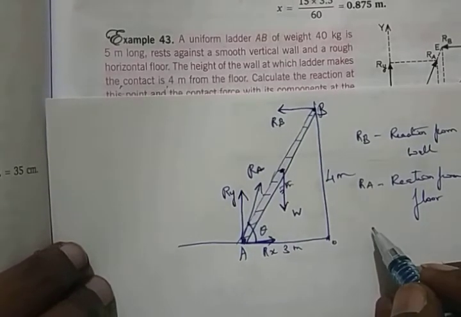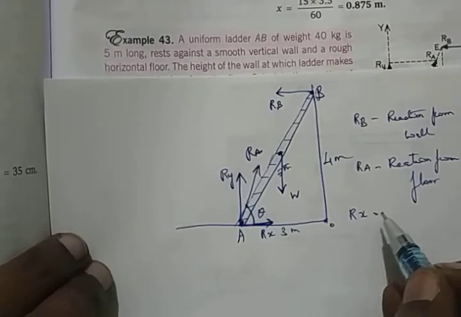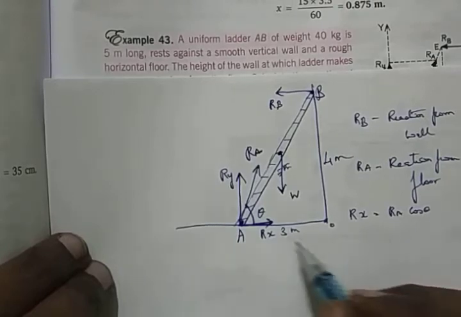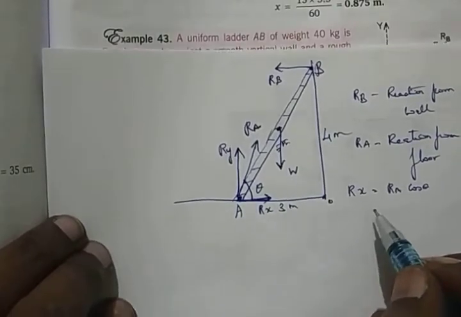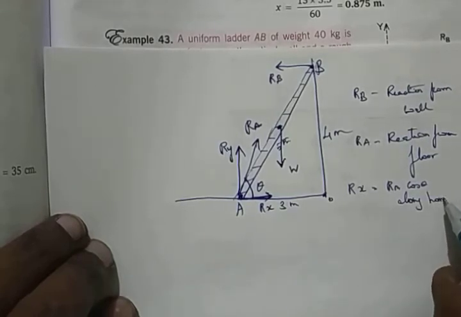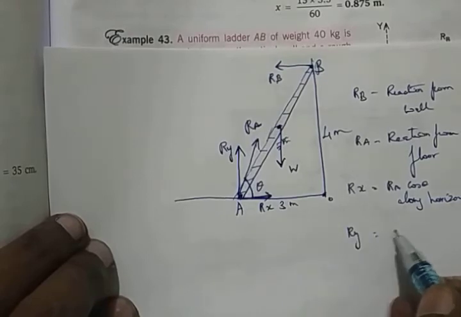Okay. So this Ra means Rx is going to be equal to Ra cos theta, along horizontal. What is Ry?